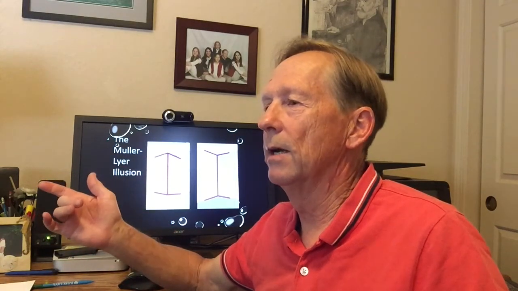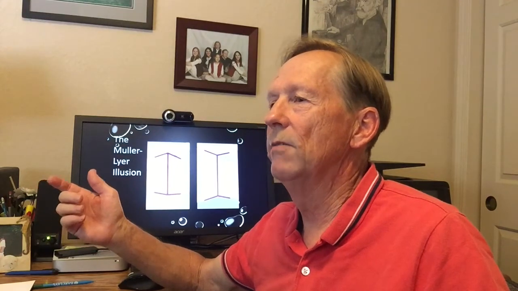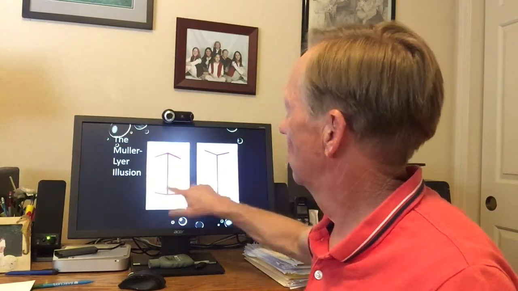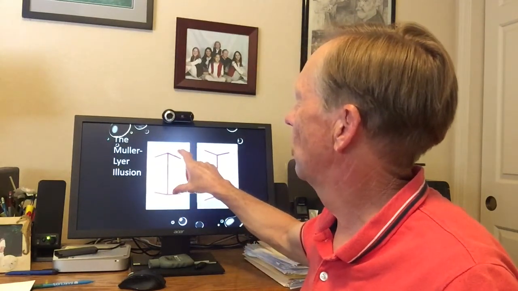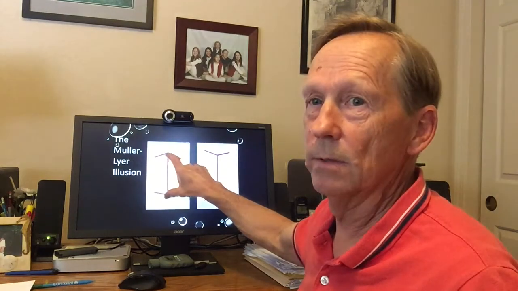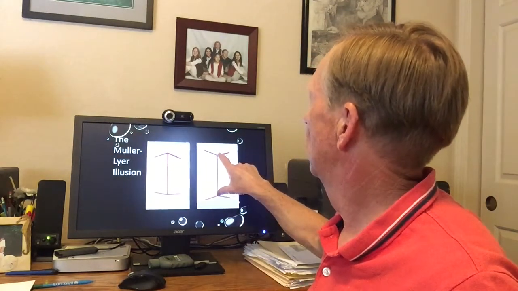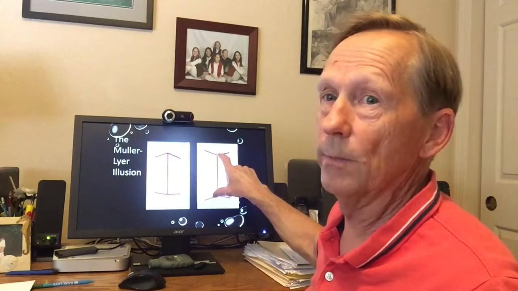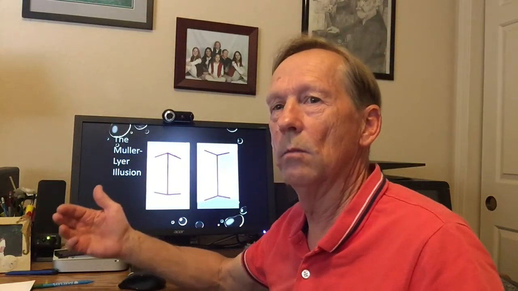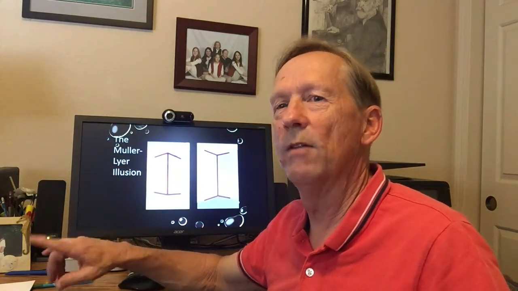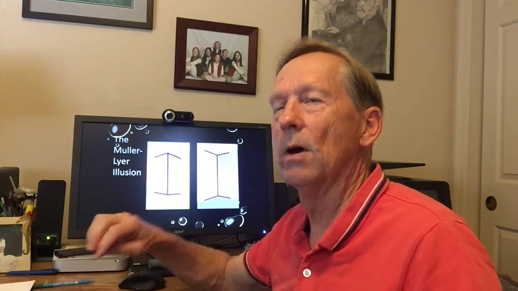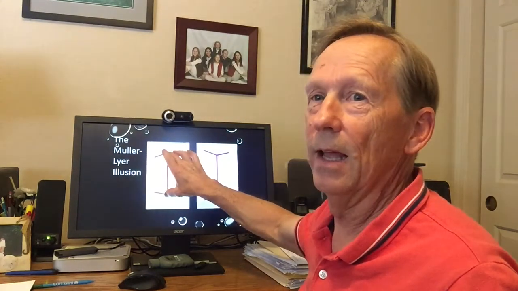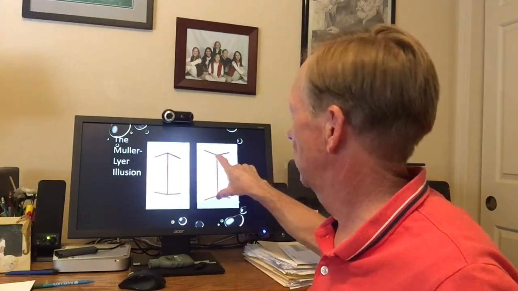And perhaps what's going on here, as the explanation goes, when you live in a carpentered world, you're likely to see this kind of corner in your environment often in the form of outside corners. And this line with these tails is often seen in our world as an inside corner. And inside corners in our world are most often going to be further away from us than outside corners. And so our experience leads us to believe that this is further away than that. And so therefore, this has to be longer.